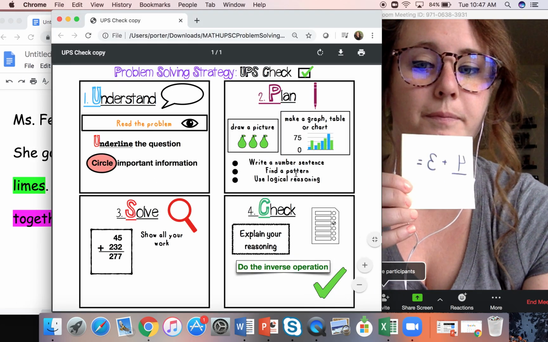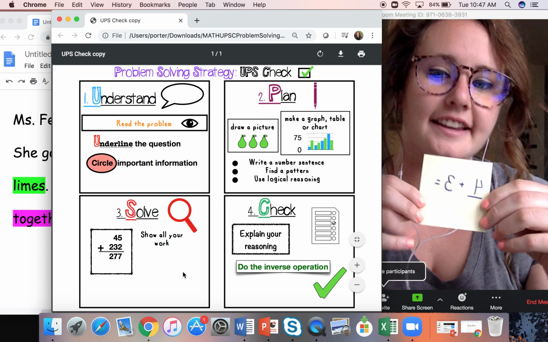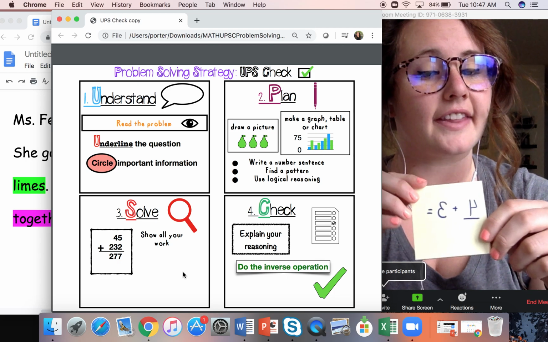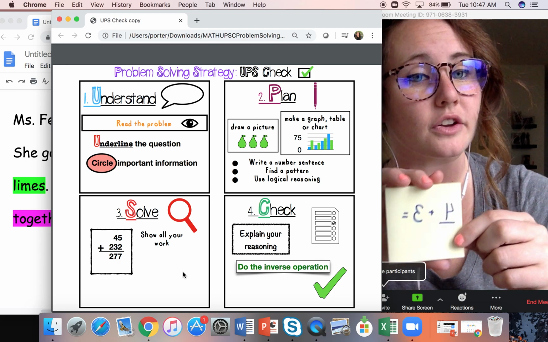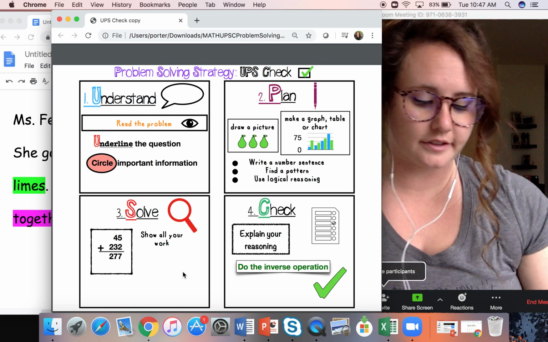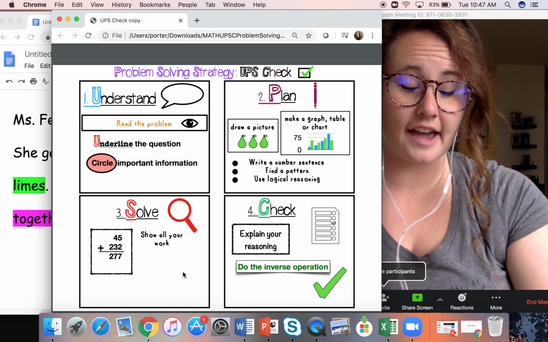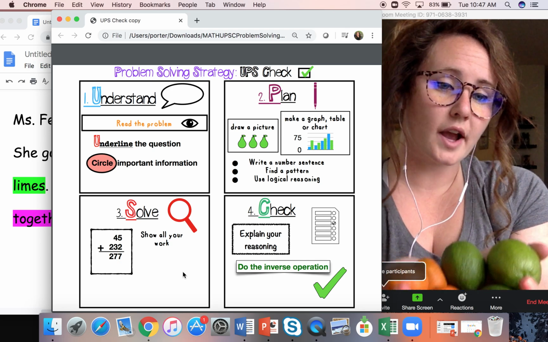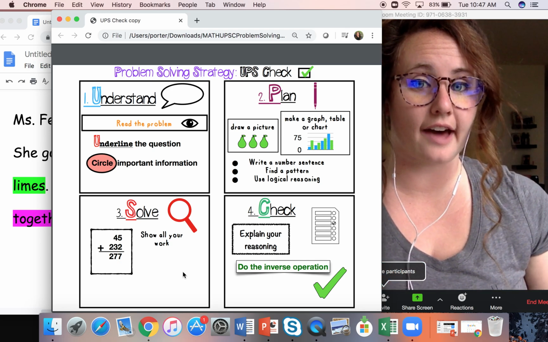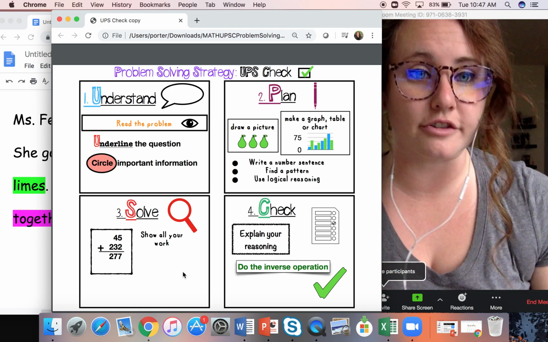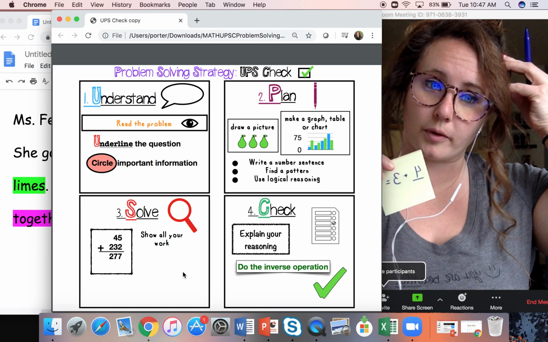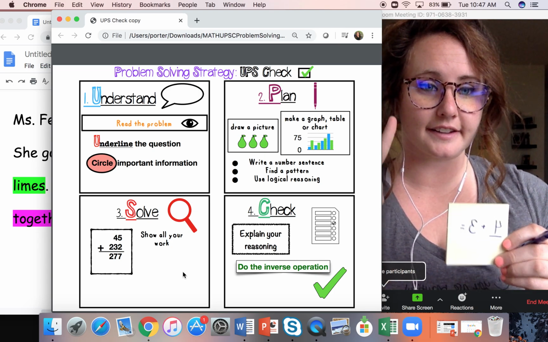And then S is to solve, and remember we're always going to show our work. And then C is to check, and we can use our inverse operations. So I have in front of me my word problem, and I know I'm adding them together, so I could count them as a tool that I have, like a number line or my 100 chart, or I can put the bigger number in my head, so I put 4, 5, 6, 7.